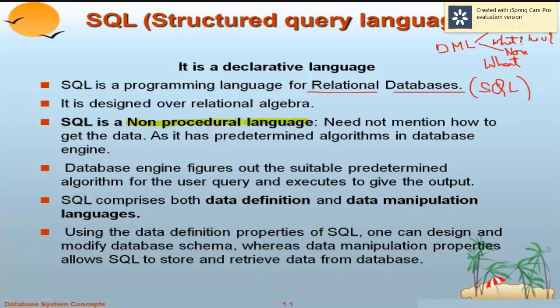You need not write queries for how to get the data. So this is a simple language with vital advantages, because it makes your work easier. From the same point, it's clear that SQL can also be called a declarative language.